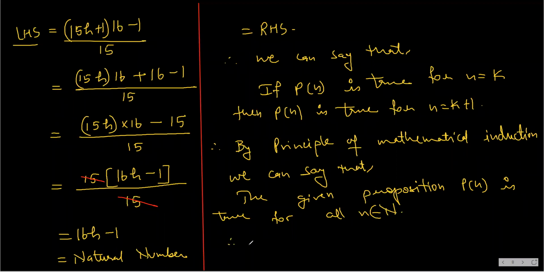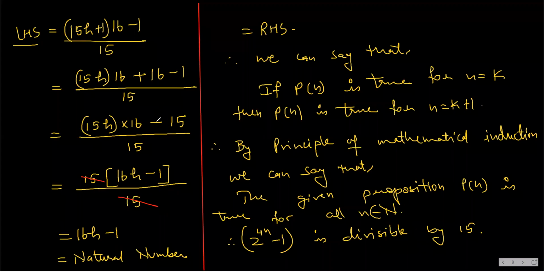That is P of n, that is 2 raised to 4n minus 1 upon 15, 2 raised to 4n minus 1 is divisible by 15. That completes the proof. You can watch this again and practice on your own.